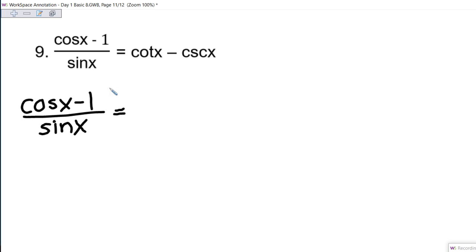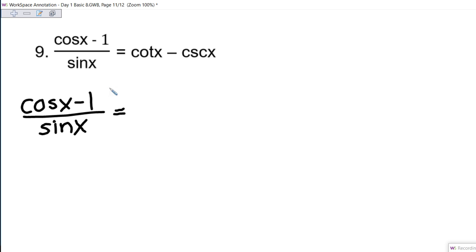One of the first tricks is to see if you have a Pythagorean identity. Well, we have a 1, but do we have a term that's squared? No, so that didn't help me. If you do not have a Pythagorean identity, the next trick is to change things to sines and cosines. But notice everything is already in terms of sine and cosine. So those 2 tricks didn't help me.